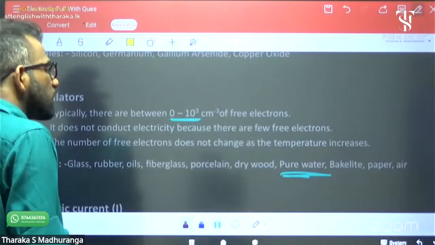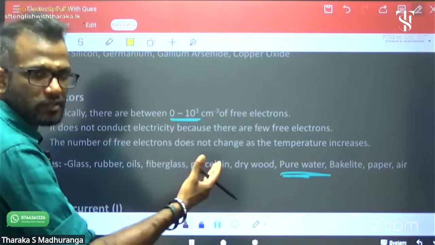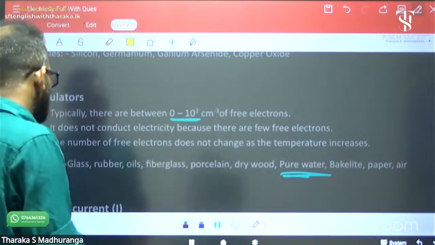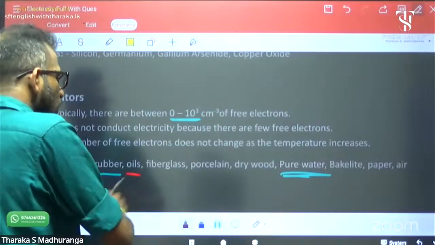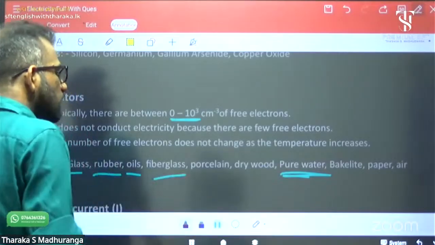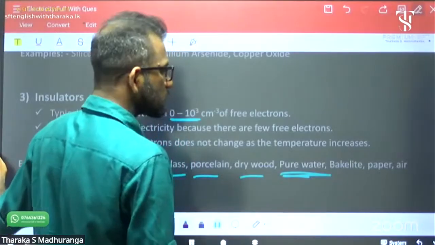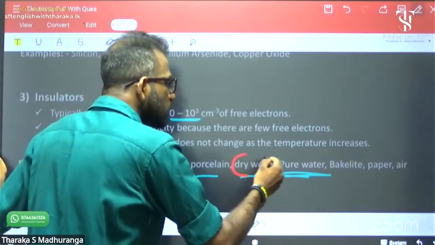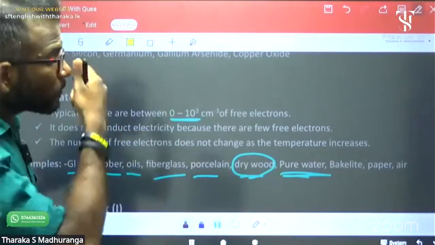The number of free electrons does not change much with temperature. Glass, rubber, oil, fiberglass, porcelain, dry wood. What is the reason for dry wood? How about wet wood?